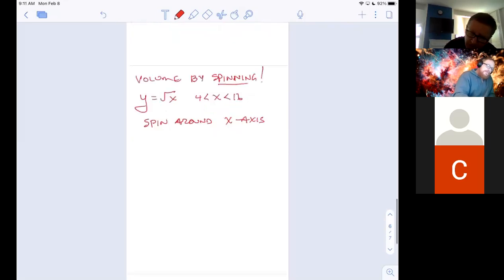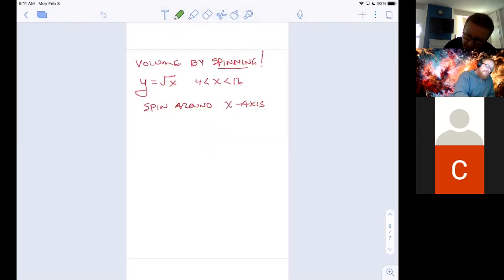Let's see if we can picture what I'm talking about there. You've got to be able to draw this out. So what are we talking about? We're talking about this from x is 4 to x is 16, and the square root graph looks something like this. How are we going to get a volume out of this?